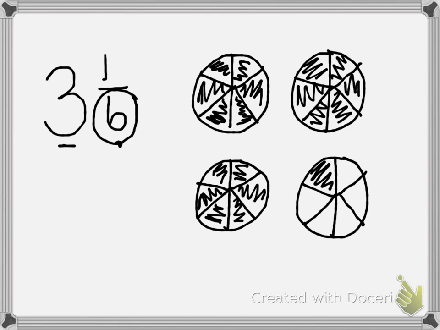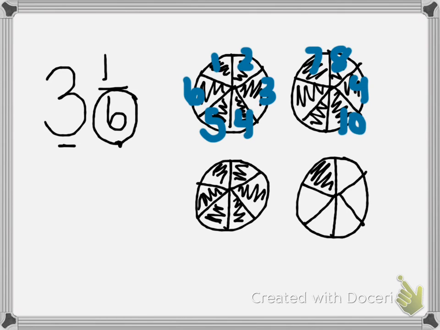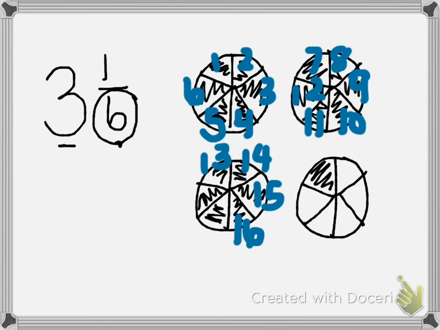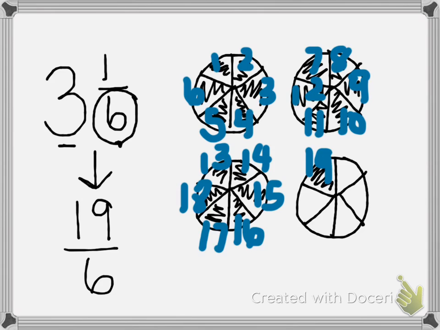We have 1, 2, 3, 4, 5, 6, 7, 8, 9, 10, 11, 12, 13, 14, 15, 16, 17, 18, 19 sixths. So our mixed number 3 and 1/6 is now going to become 19/6.